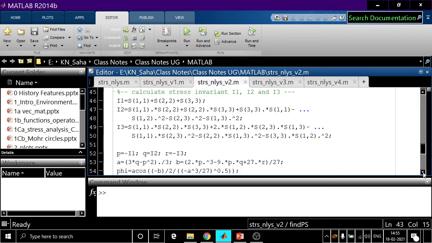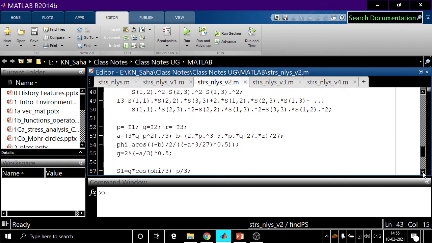Next, in the analytical solution, we require two quantities, P and Q, and let us form those. Actually, they are named as A and B here.